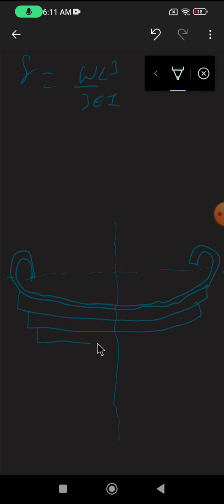This is the leaf, and there will be bolts. Let me label it. There will also be a clip, so the leaves don't move out.